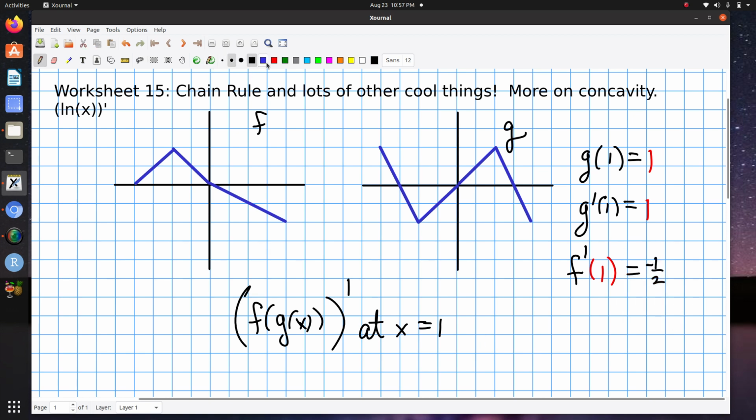Okay, so what I want to do is multiply the two derivatives together to give me negative 1/2. Part of the problem is we think of this as f of t or x, and we use the same variable for the other plot.